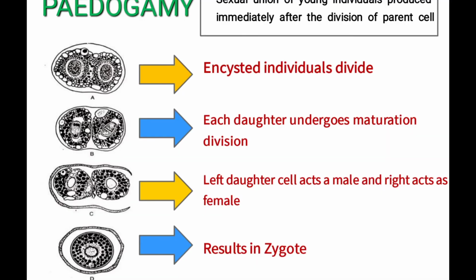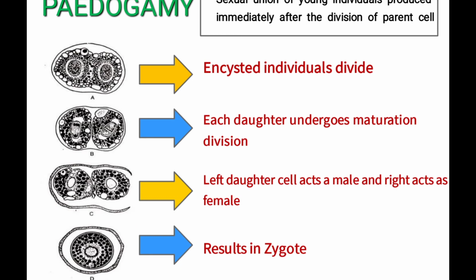So first see, the ancestor individual is going to divide, just separating into two. Later each daughter will undergo the maturation division and form a matured one, and later the left one and the right one will act as a male and a female.